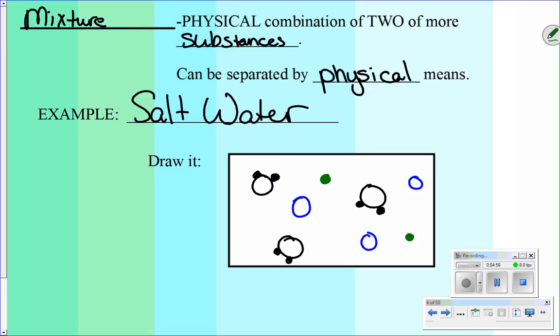But for right now, the purpose of looking at this picture is simply we have these waters, and the waters you can see have oxygen and hydrogen actually chemically bonded together. Within this mixture, then we have other things that are just physically combined. So the blue and the greens aren't bonded to the water directly. They're just physically mixed into the same space.